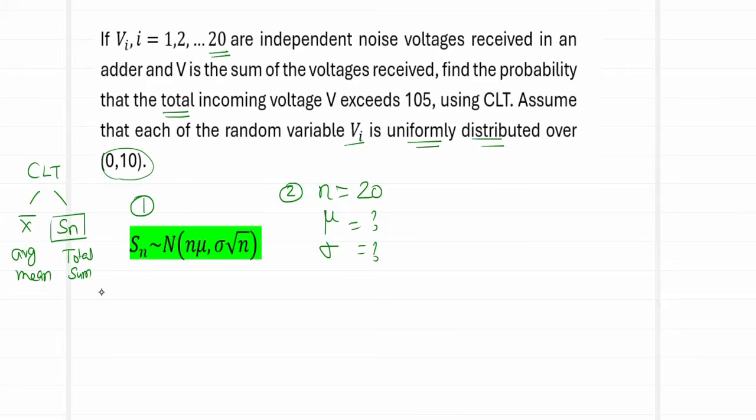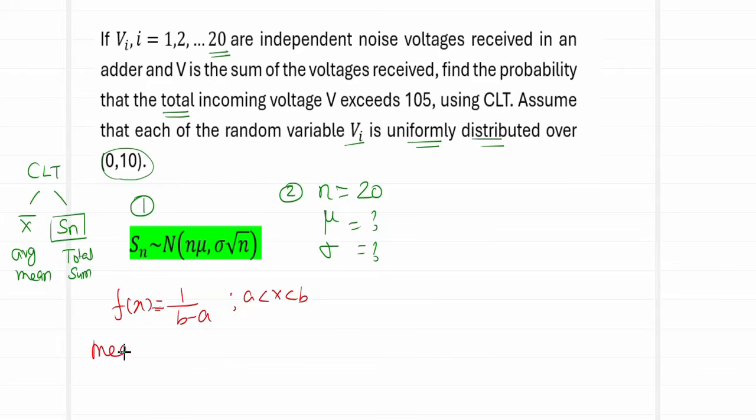Now, we know that f of x is equal to 1 divided by b minus a, for a less than x less than b, is the probability density function for the uniform distribution. Whenever x varies between a and b, then f of x follows uniform distribution.